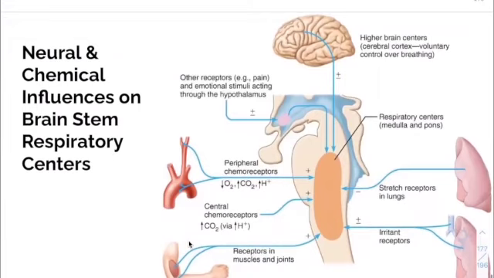So here are all the different things that can cause us to breathe in or breathe out, like stretching of the lungs, irritant receptors, chemoreceptors, central chemoreceptors. We have receptors in our muscles and our joints, because if you start running, it's going to change your breathing rate. If you start walking fast, it's going to change your breathing rate. All of that causes different receptors to trigger you to breathe differently.